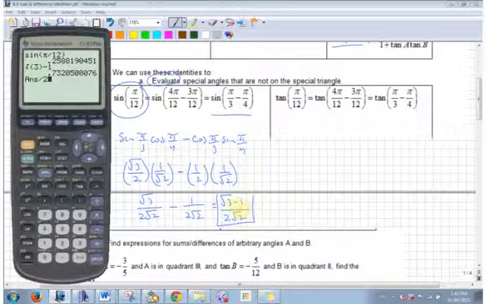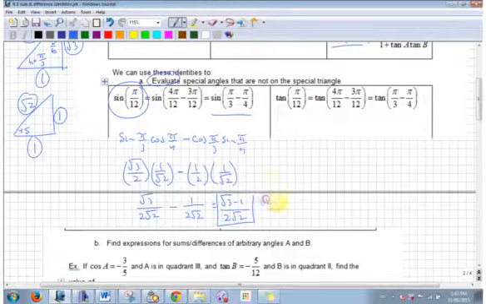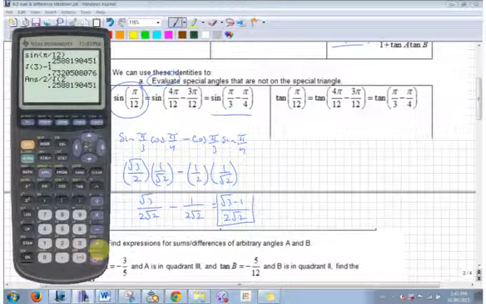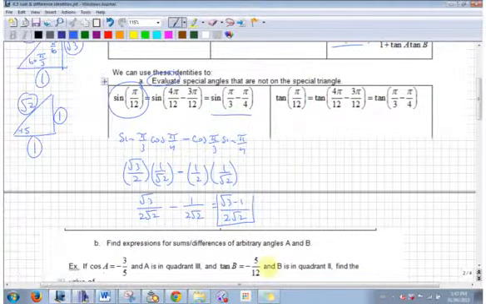What do I do next? Times or divide? Yes. Everybody wants to put in 2 root 2. It'll times root 2 up there if you do that, okay? Don't do that. Divided by root 2. Hey, look, got the same thing, 0.2588. Okay? Voila, it works.